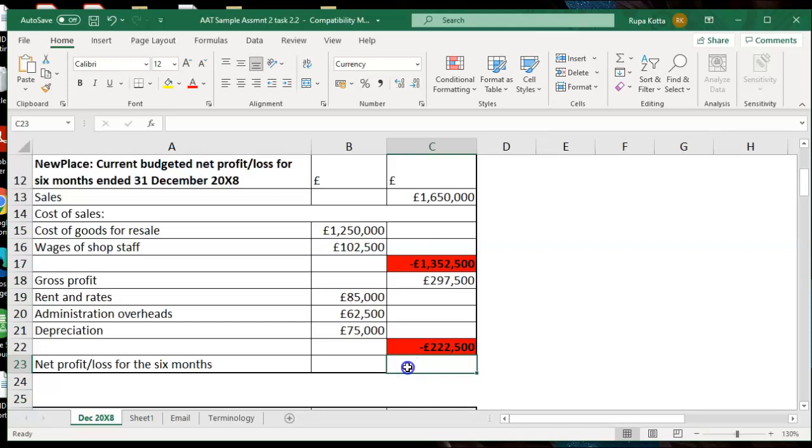Calculate the net profit, which is gross profit minus the expenses. So this is C22 equal to C18 plus C22. So you got a net profit or loss for the 6 months of 75,000.